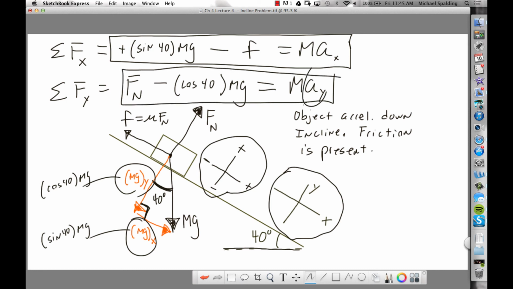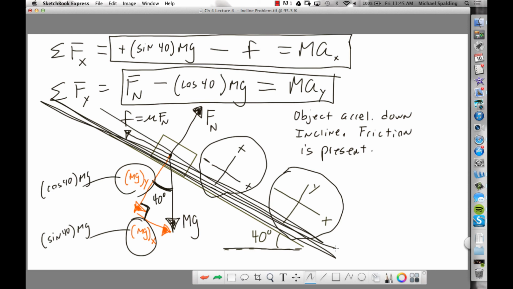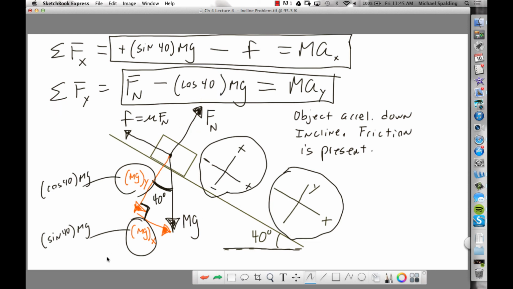Now I'm going to tell you, one of these a's is 0. Which of those a's will be 0? The y acceleration, because remember, which way is this block accelerating? It's accelerating this way, which is the x, but not this way. So what we can do is take the y acceleration and set it equal to 0.